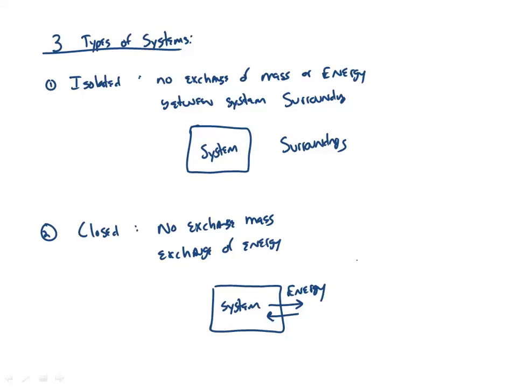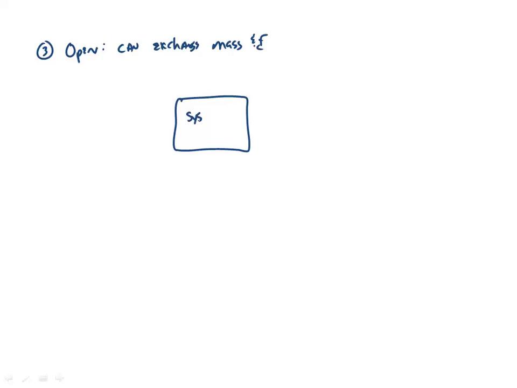And of course the last system, and the one that's hardest, is an open system. That's where you can exchange mass and energy, and so you end up with a box that looks like this. We can have energy going in and out, but we're also allowing mass to exchange. Now we technically tend to stick with system 2 and not worry about any of the other more complicated systems at all.